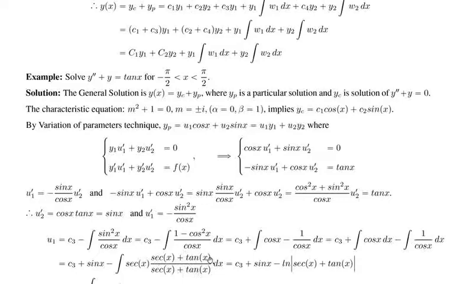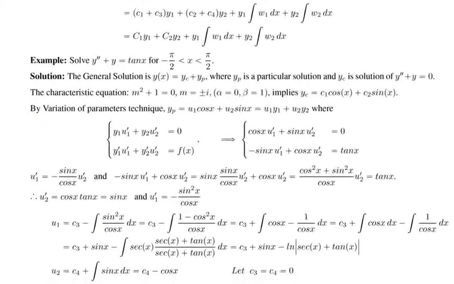Because it so happens that secant squared of x plus secant x times tan x is the derivative of secant x plus tan x, meaning that in this case we're going to get the derivative of secant x plus tan x over secant x plus tan x, which will be nothing but minus ln of the absolute value of secant x plus tan x, or if you want you can write it as sine x plus 1 over cosine x.